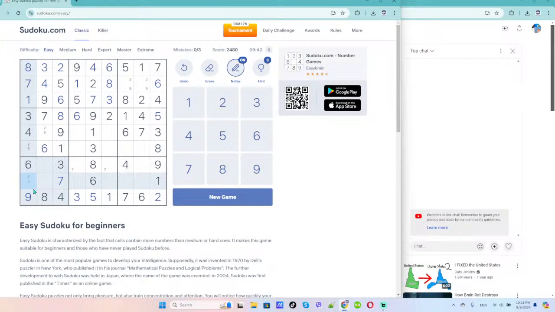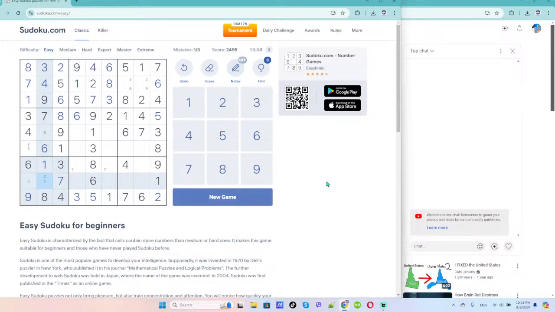They are connected. And now we know that in these three cells, the missing numbers are 1, 2, and 5. But 1 goes here, obviously, and 2 and 5 are then here.